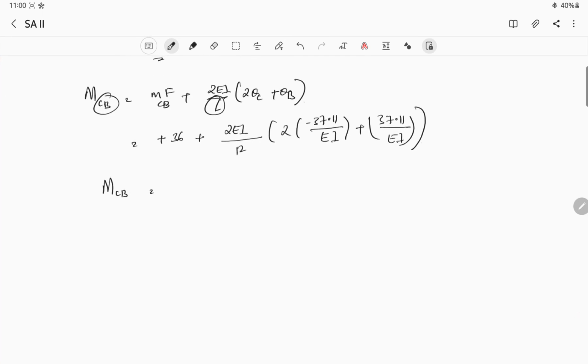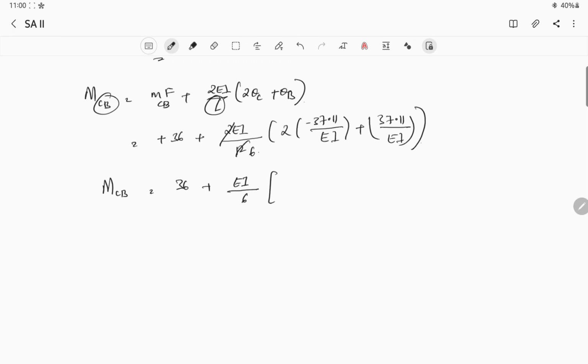Okay, so what we will do, we will write here 36 plus 2 ones are 2, and 6 sixes, so EI by 6 I'll write here as it is.